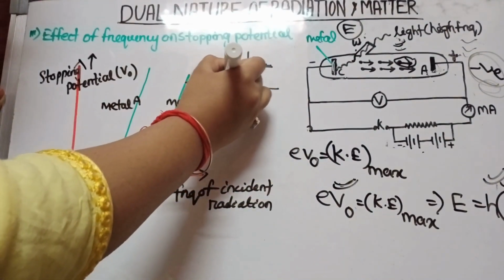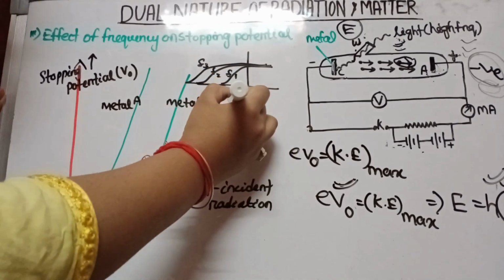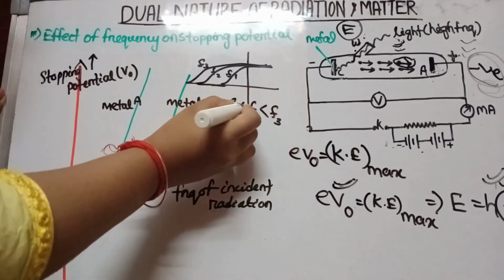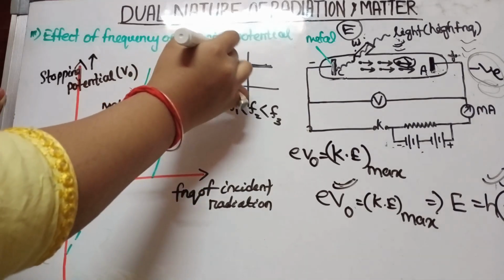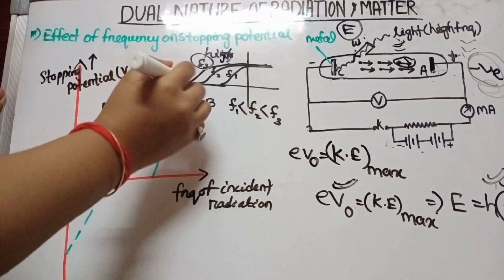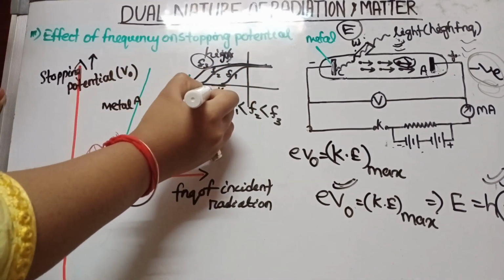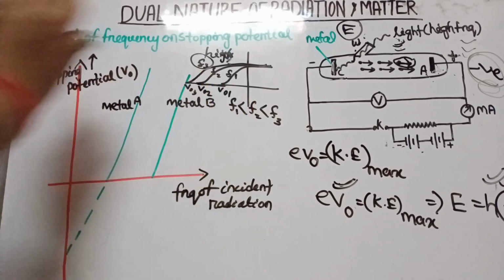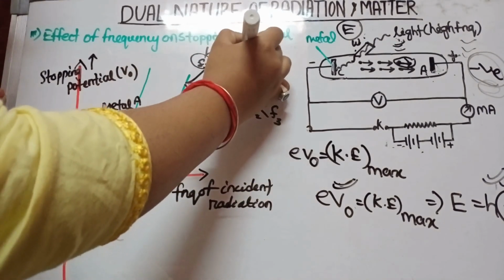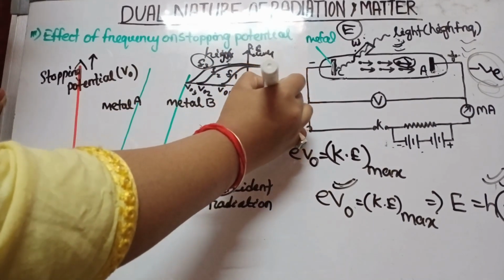As we increase the frequency F1, F2, F3, where F1 is less than F2 is less than F3, that means F3 is highest. As we increase the frequency, the stopping potential gradually increases. This one is the photoelectric current and this one is the potential.